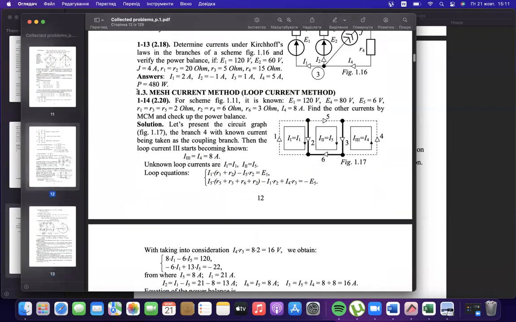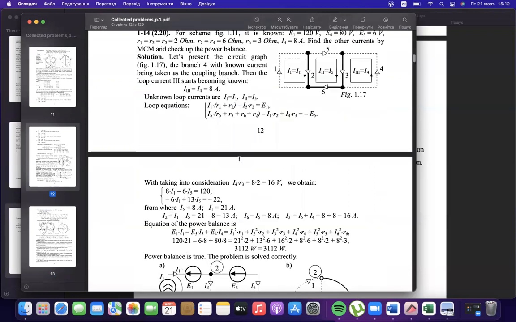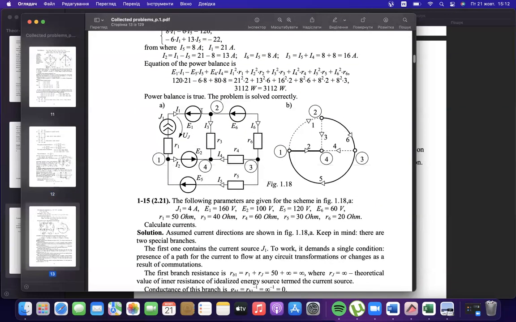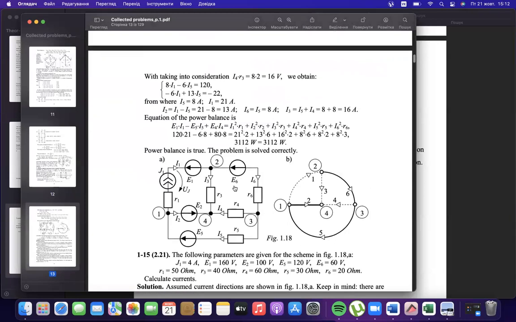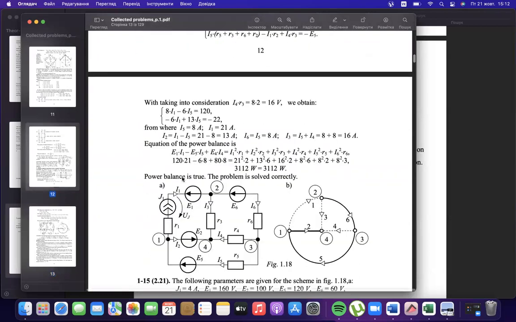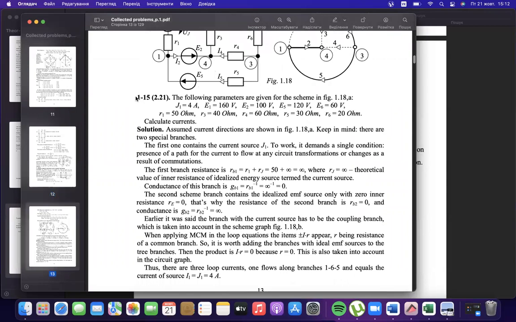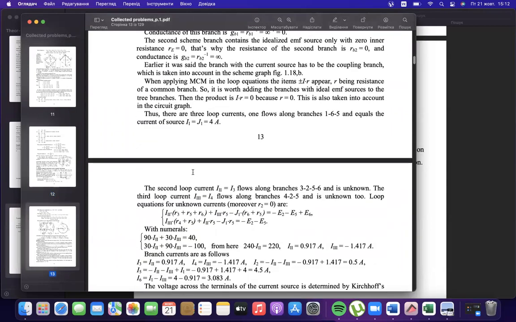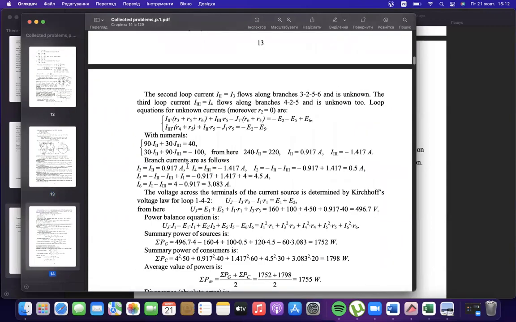For example, here, starting from page number 12, you see the practical task with solution using the mesh current method, and you could train this idea by yourself, just taking task number 114, try to solve, take task number 115, try to solve, and so on and so on.